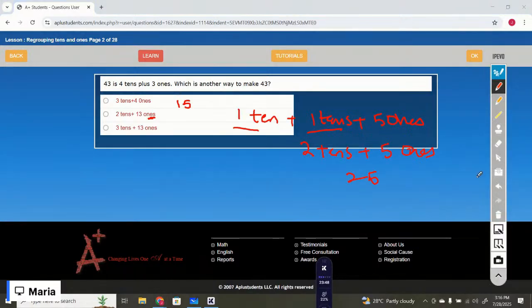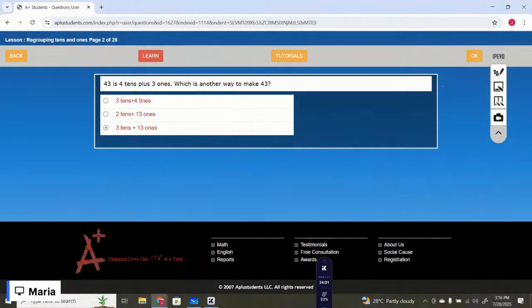So 43. Option number 3 is the correct option. That is 3 tens plus 13 ones.